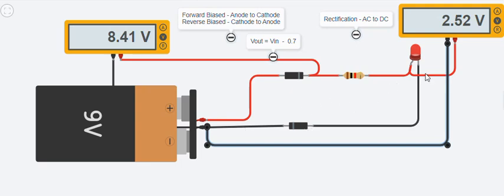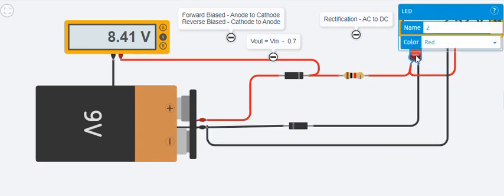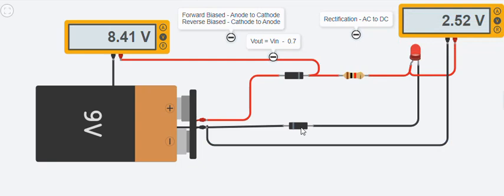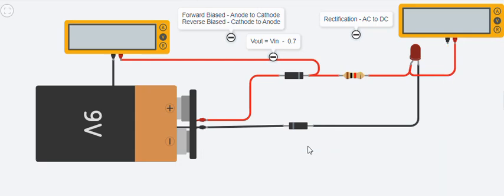What you have between the red wire and the black wire of the meter are two components: one diode, which is the LED, and another diode, which is the power diode here. The LED is taking about 1.8, 1.9 volts, while this one is taking about 0.6, 0.7 volts. If you want to see the actual voltage being taken by the LED, you have to connect to the negative of the LED, like this, which is the cathode.